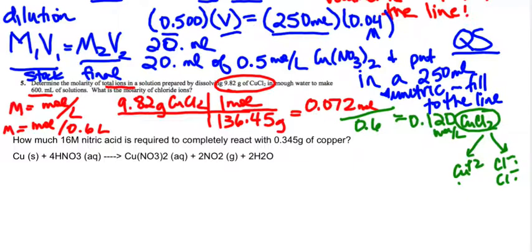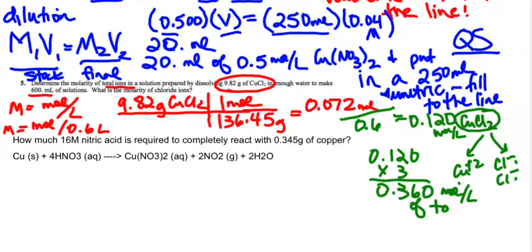If I have a mole of this, how many moles of ions do I have? 3. So what do I do? Multiply the molarity times 3. So 0.120 times 3. My total ions is 0.360 moles per liter of total ions.